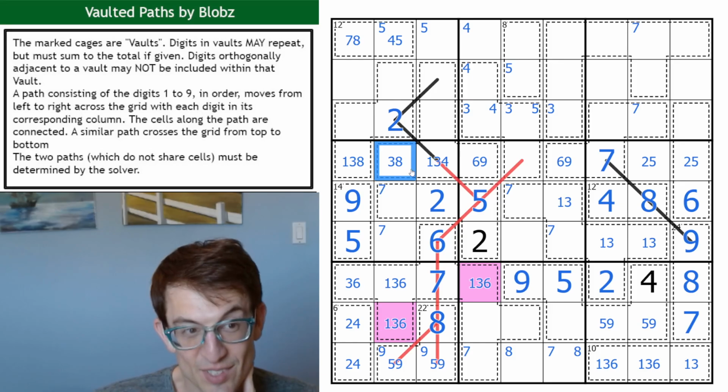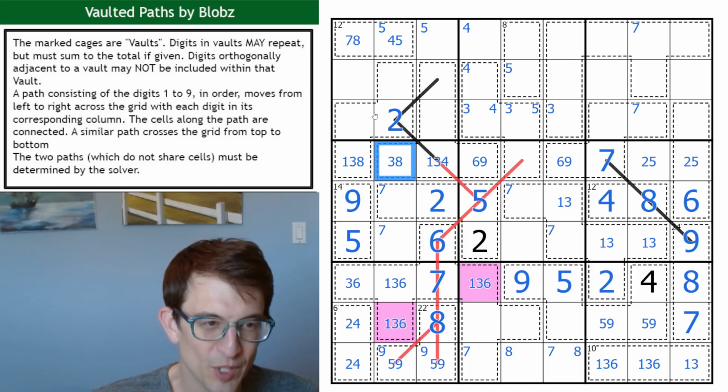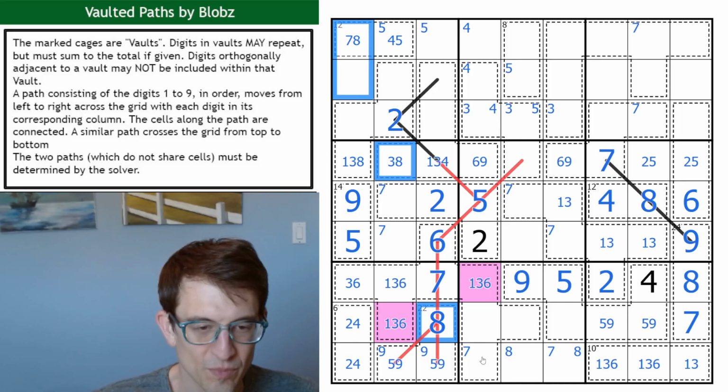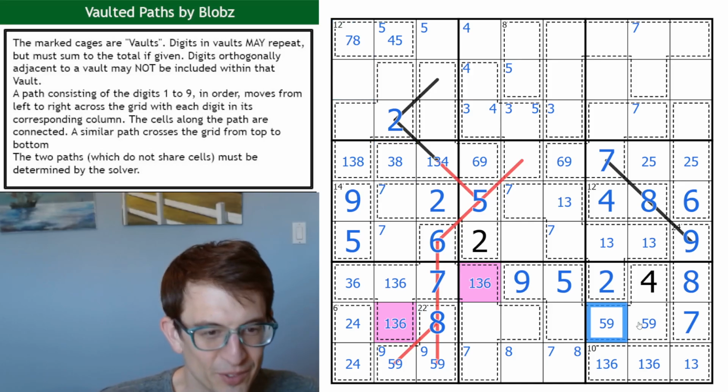This is 8. Nope. Almost have 8 here, but it could go there. I don't know. What am I missing here?